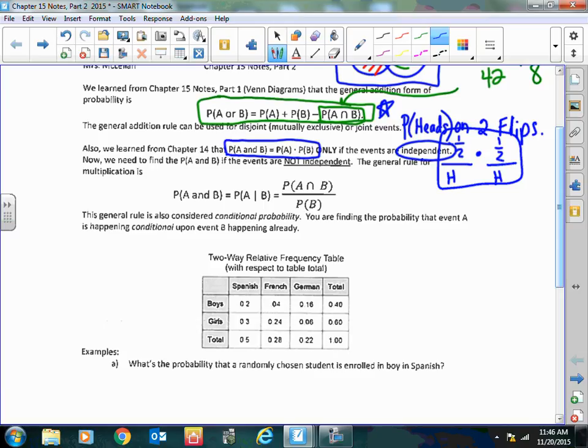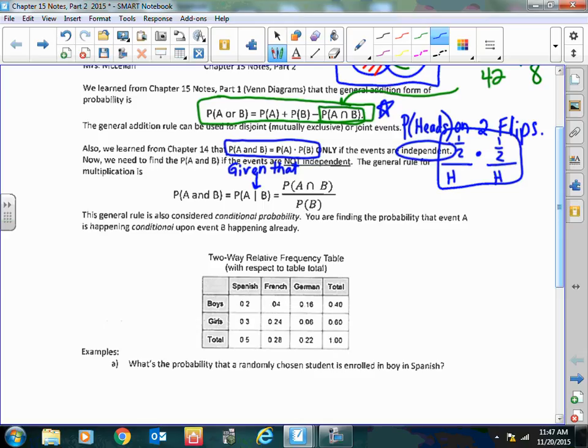All right, so we start with the probability of A and B is, then we're going to be saying, what's the probability of A given that, and so that line is the given that. So what that means is, given that B has happened, I am not looking at everything anymore.